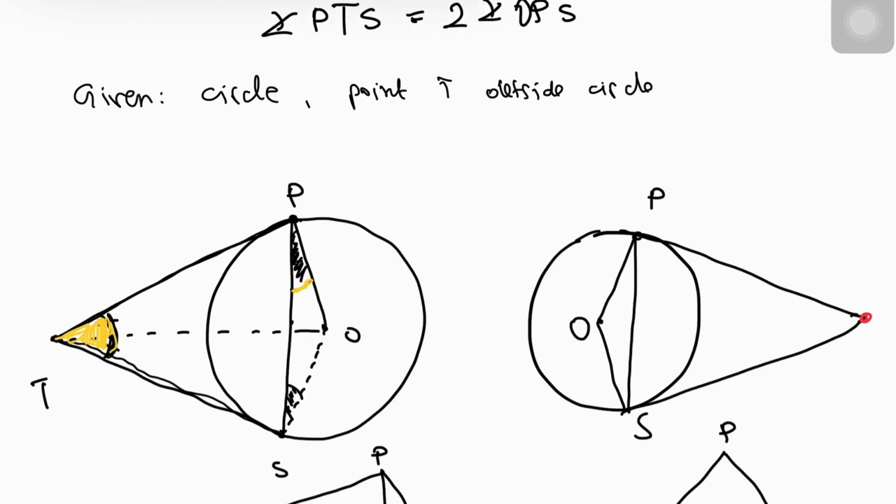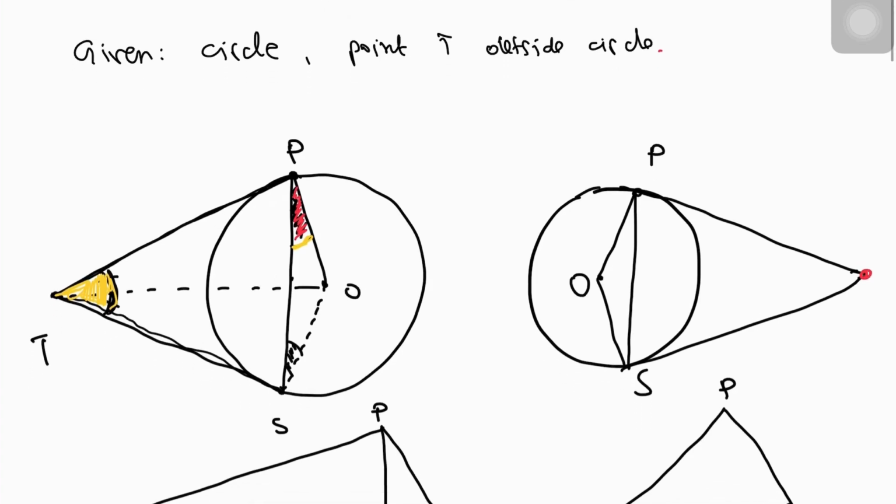I'll just use a different color. Now I have started here already some sketches which are useful in the solution of this problem. There are some things that we are supposed to know with regard to tangent lines and circles.